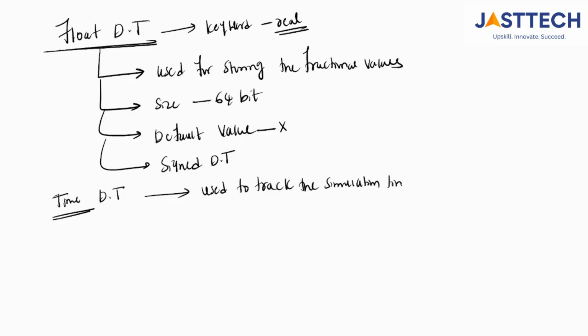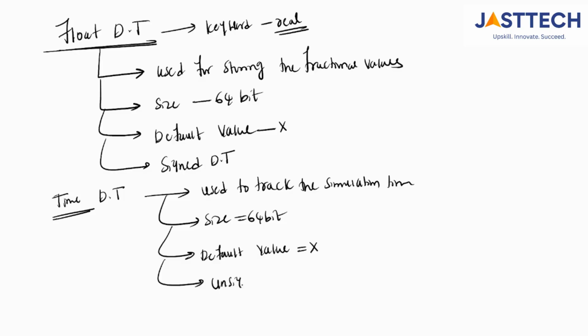The size of this time data type is 64 bit, the default value is x, and this is an unsigned data type. Time is not signed. So how are you declaring dollar time? Like this. So these are the data types.